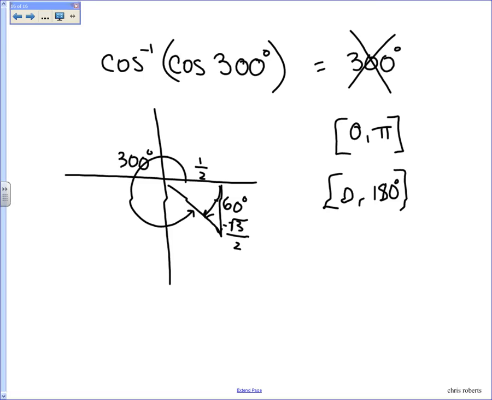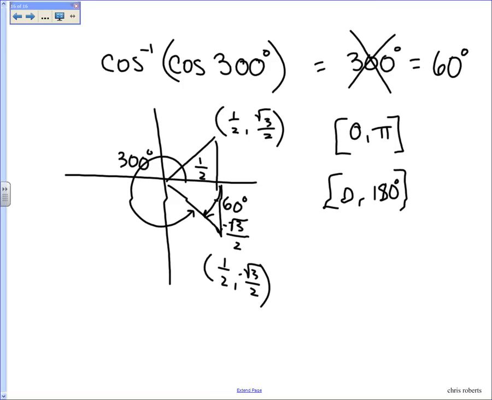So the point there is 1/2 comma negative root 3 over 2. What we need to do is find out where else the cosine value, or the x value, is positive 1/2. We know we have another angle up here that would have a cosine value of 1/2, and this would now be positive root 3 over 2. So our final answer is actually going to be 60 degrees.